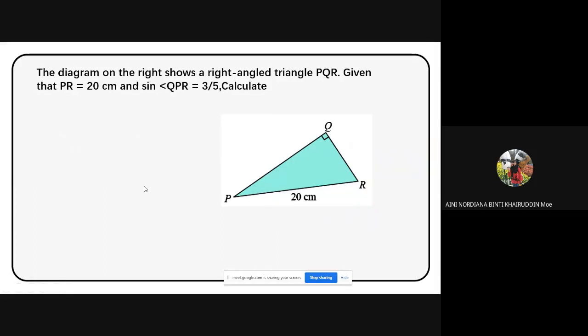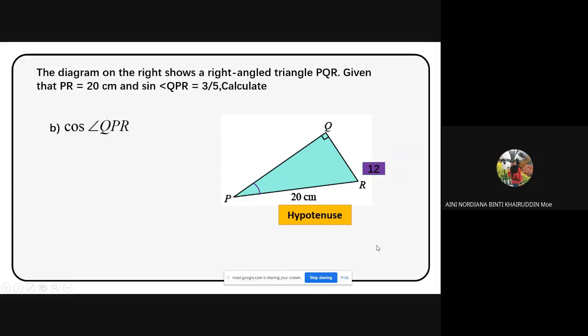Okay. Next, cos angle QPR. So this is the angle. Look at the letter in the middle, so the angle here is P. The opposite, QR just now, is 12.